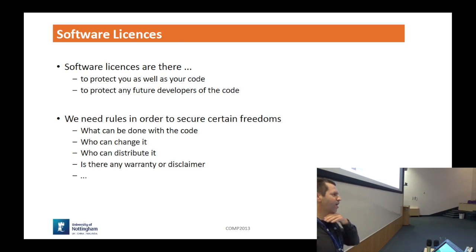So that's a very valid viewpoint on the other side of the equation. So software licenses can protect you and your code or protect future developments. They generally bring a little bit of order to the chaos. They establish what can be done, who can change it, how it can be distributed, and whether there are any warranties or disclaimers. These are all specified in software licenses.